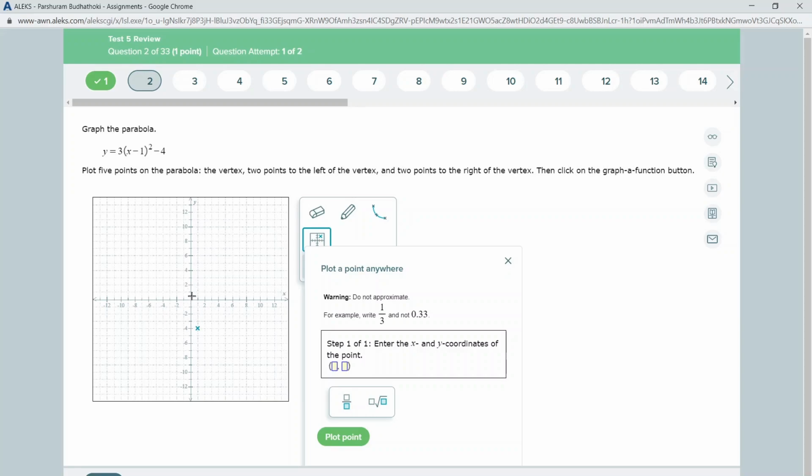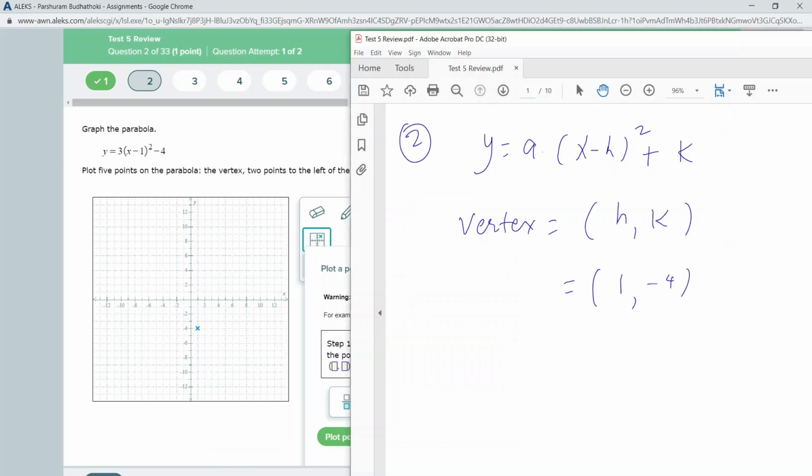So you can choose anything. To the left, we know that the vertex is at 1, -4. So to the left of this one, you can just choose x equal, let's say 0 or -1. These are the points which are left of this point in the x coordinate. And then 2 and 3, these are the points to the right of this point.